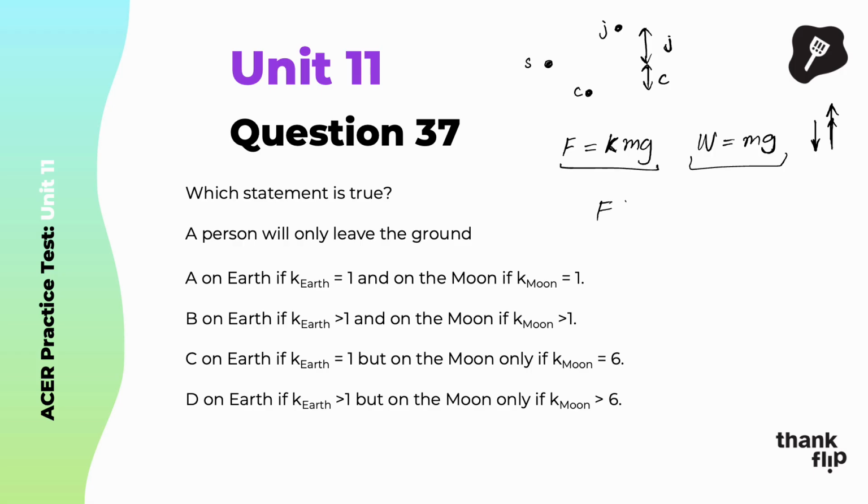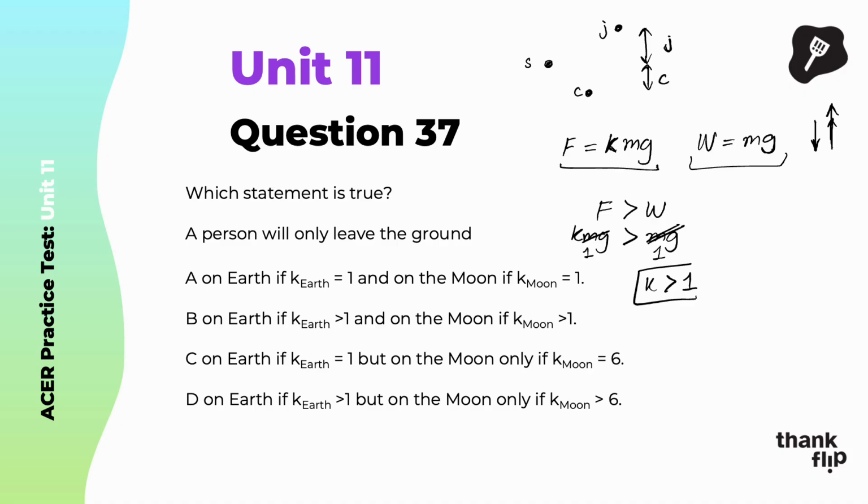So F must be greater than W. And then based on this, you can fill in KMG is greater than mg. And so you can divide both sides by mg, and dividing this by mg is 1, and k times 1 is 1, and dividing this by mg is also 1. So you're left with k is greater than 1.